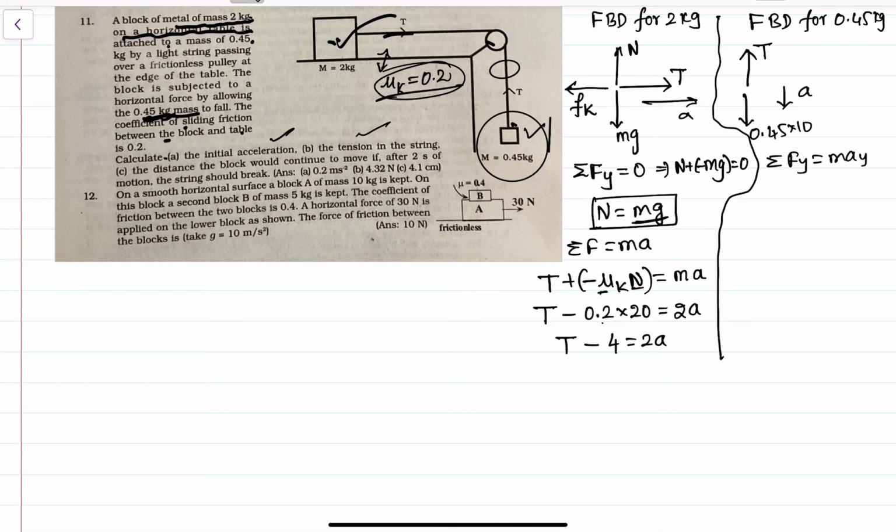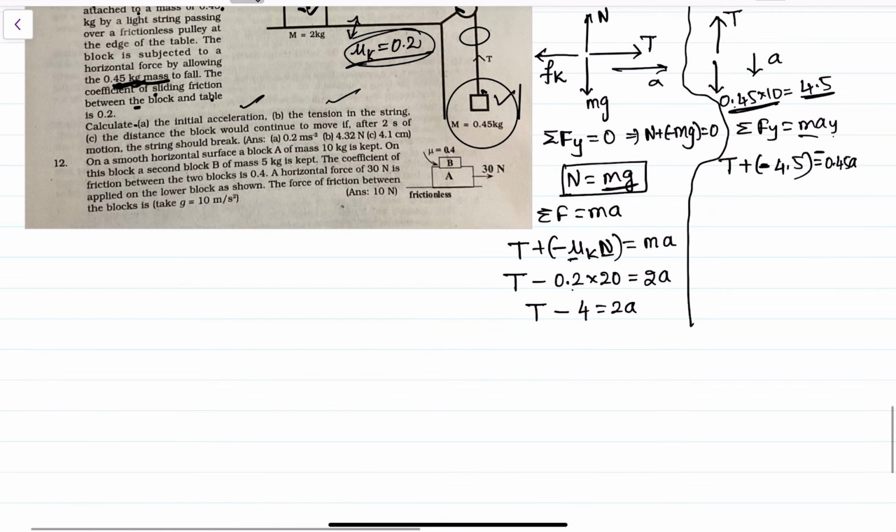So that is T, the same tension because both are attached with the same rope, T minus 4.5. Why am I writing minus? Because 0.45 into 10 is nothing but 4.5 acting downwards, that equals m into a, that is 0.45 into a, and this is negative because the acceleration is downwards. So T is equal to 4.5 minus 0.45a.